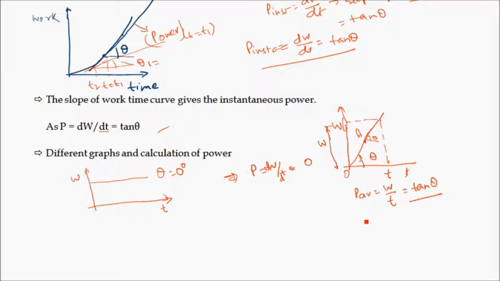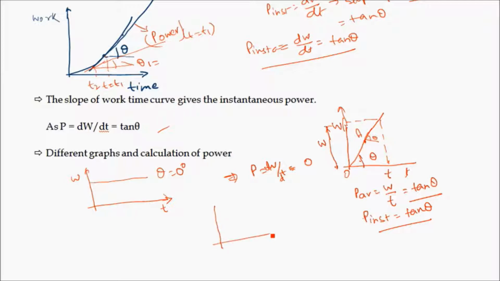So if the W-t graph is a straight line making angle theta with the t-axis, then the instantaneous power and average power both will be the same and equal to tan theta.